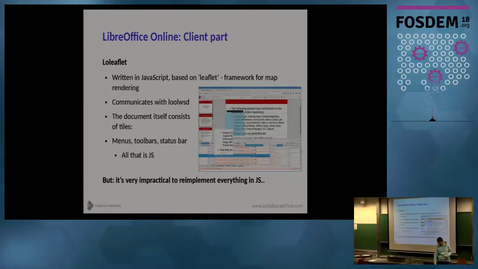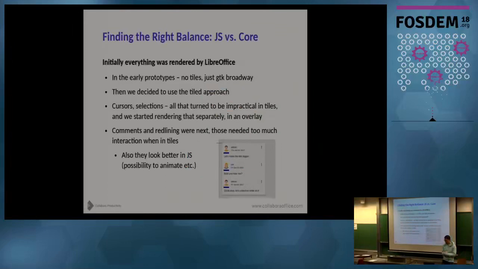But of course, it's very impractical to re-implement everything in JavaScript. So we had to search for the right balance between what has to be in JavaScript and what has to be done and rendered by the LibreOffice core. In the early prototypes, there were no tiles, and basically nothing in JavaScript.